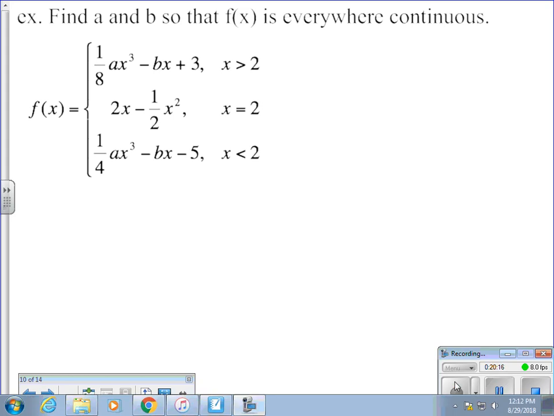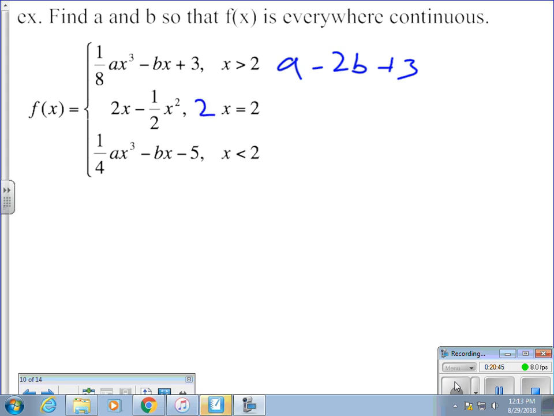Okay, so let's plug in 2. Put 2 in the first one. 2 cubed is 8, so I get A minus 2B plus 3. Plug 2 in here, that's 4 minus 2, so I get 2 for that.